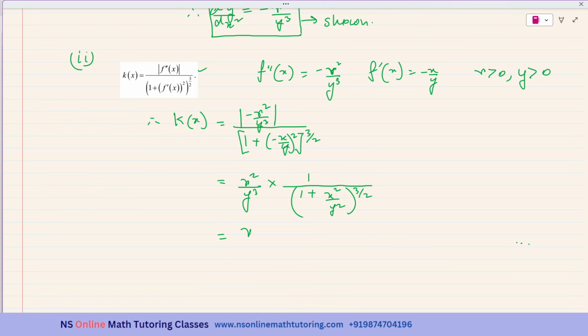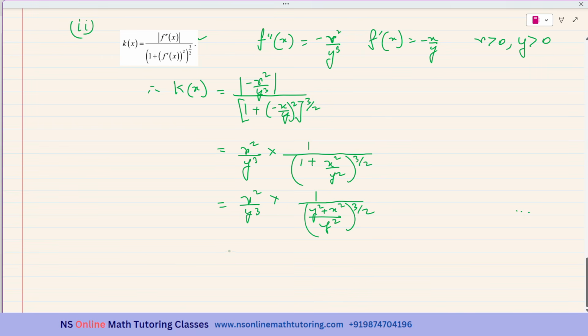So this is equal to r square over y cube times 1 over y square plus x square over y square, whole raised to the power of 3 over 2. Okay, and y square plus x square is r square.